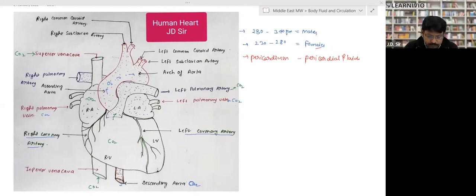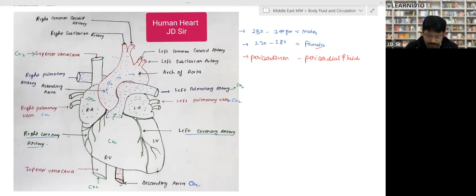Full stop. Inferior vena cava is larger than superior. Full stop.